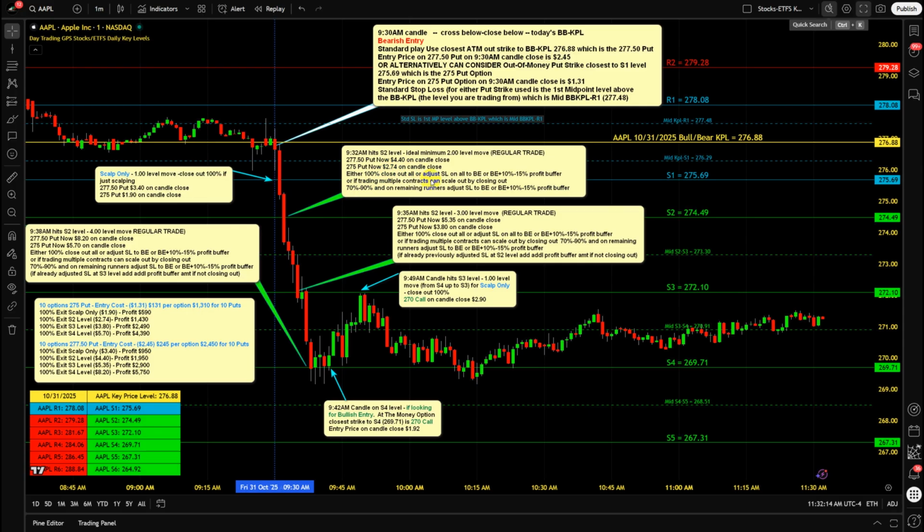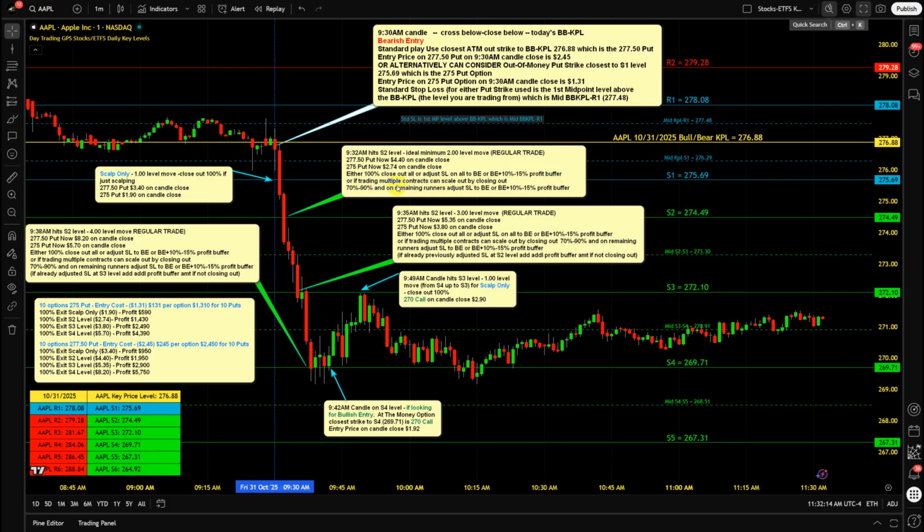So your options on regular trades, when it starts hitting the 1.5 level minimum required move, and at every level below that, once it's met the 1.5 level minimum required move, are either 100% close out all, or adjust the stop loss on all to break even, or break even plus 10 to 15% profit buffer.